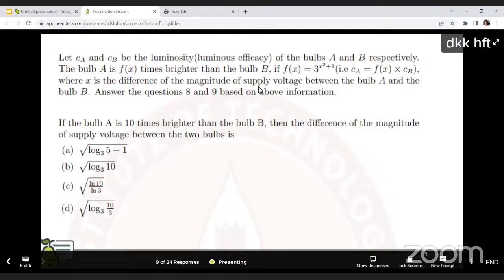And x is the difference of magnitude of supply voltage between the bulb A and the bulb B. If the bulb A is 10 times brighter, then f of x equals 10. So simply we have to find the value of x by equating it to 10. It is just simplification, nothing in it.